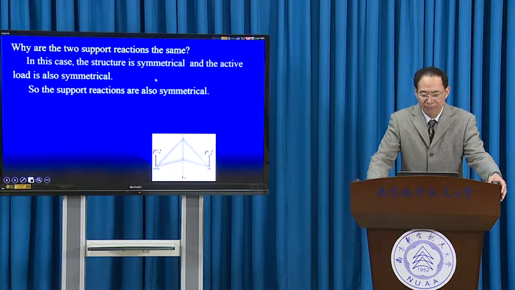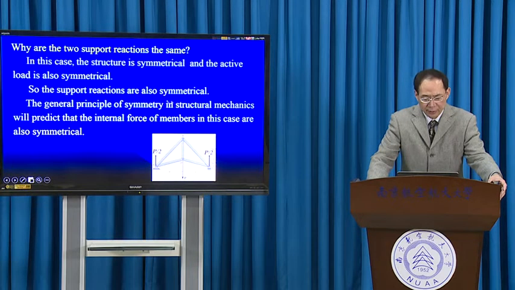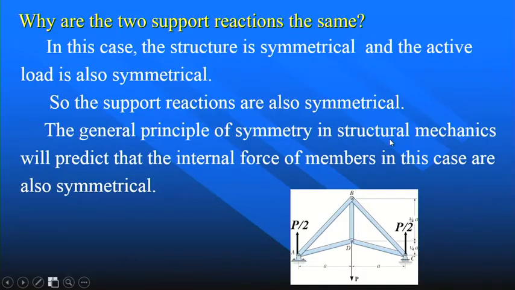There is some natural property inside this structure, the symmetry. So we can also conclude the general principle of symmetry in structural mechanics will predict that the internal force of members in this case are also symmetrical.